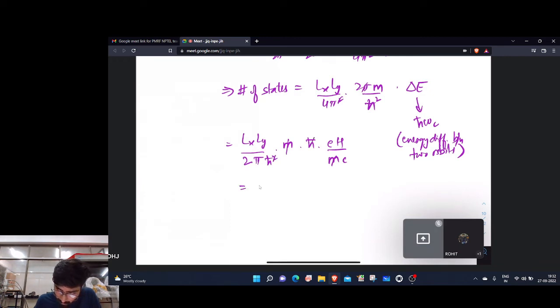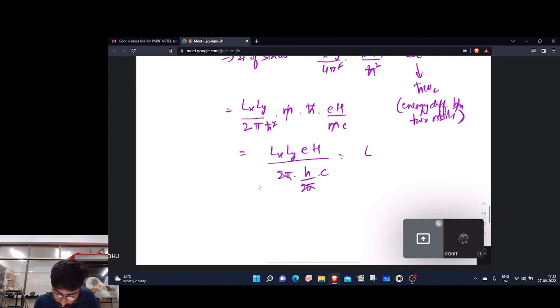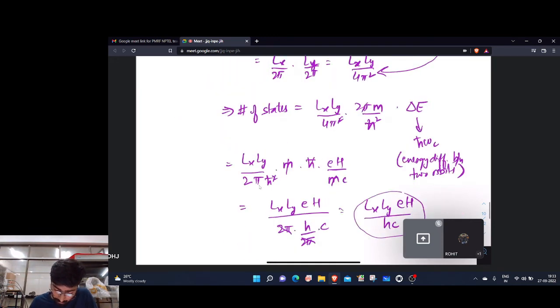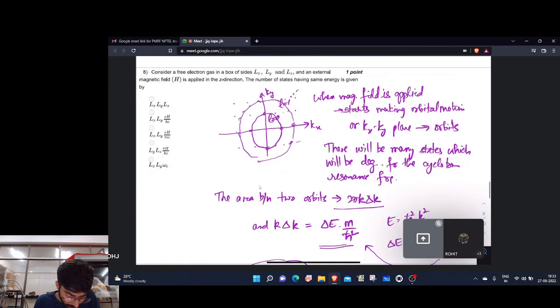H cross Lx Ly E h by, now this is h cross, so 2 pi h cross is nothing but h by 2 pi into c. 2 pi cancel. Lx Ly Eh by hc. So these are the number of states in that region. Lx Ly Eh by hc. So the correct option is B.